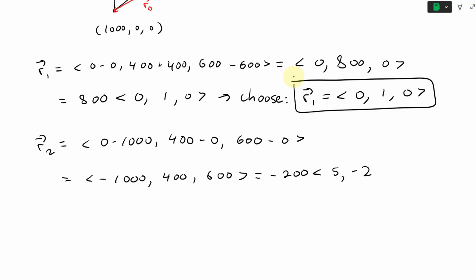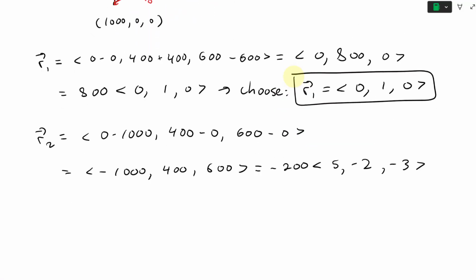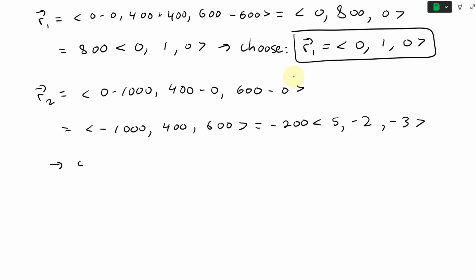The next one's going to be negative 3. So choose R2, a simplified version of it, equal to 5, negative 2, and negative 3, like this. And write this better.